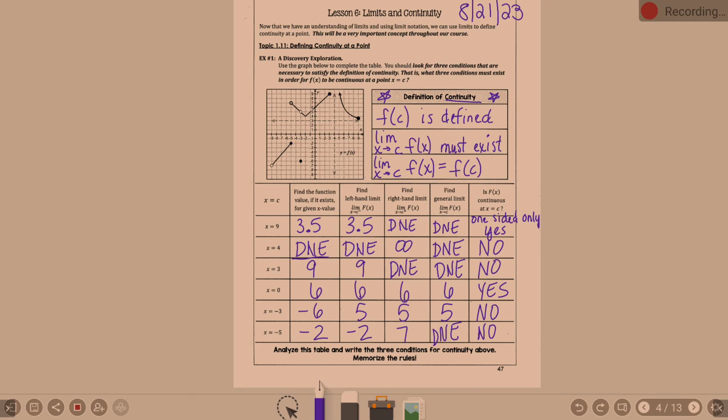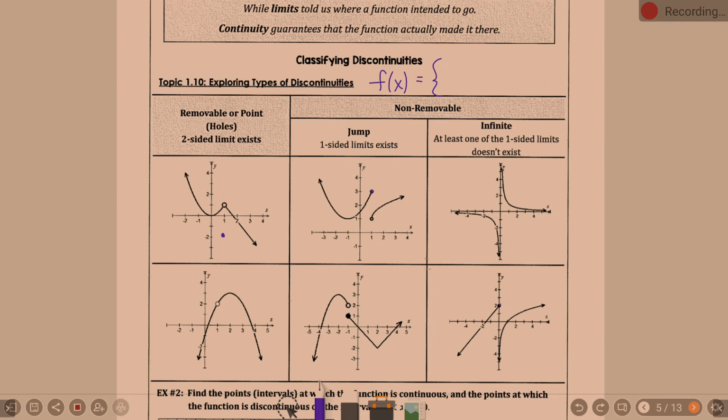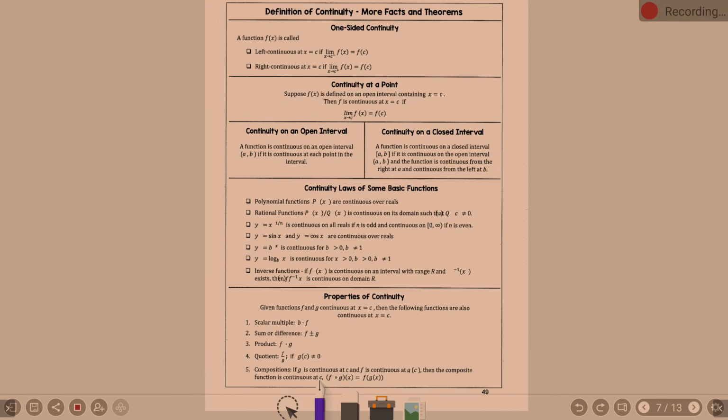This is one-sided continuous from the left because the limit from the left approaches -5 and it equals that value, -2 or whatever. So left continuous is if the limit from the left equals that value. Right continuous if the limit from the right equals the value at the point.